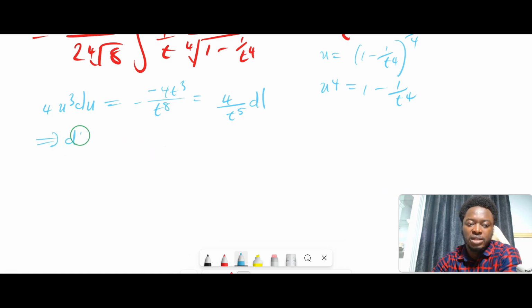So this means that dt over t would be equal to t to the fourth power times u cubed du.